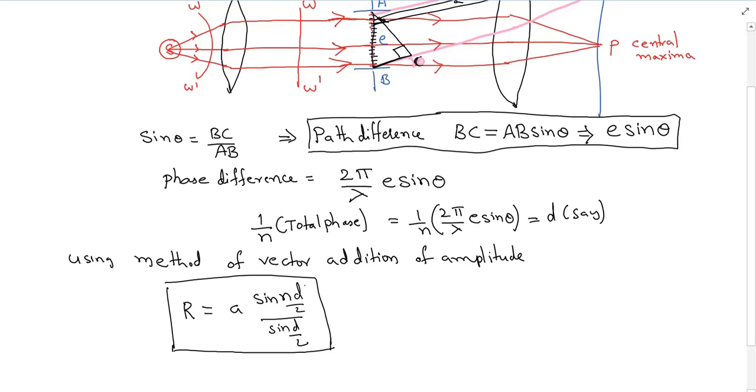So already we have the d value with us. In this resultant amplitude expression, let us keep that d value. So what happens?